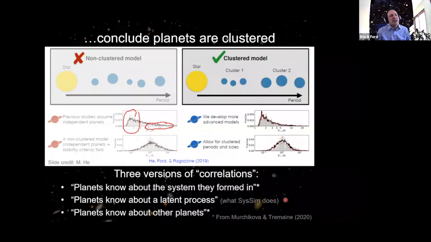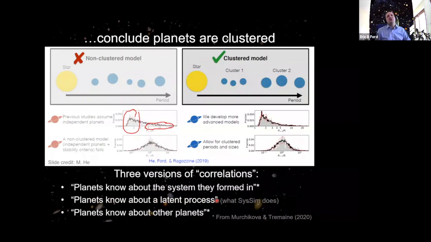In our case, the planets in every system know about a latent process that tells them they're in a cluster with a characteristic orbital period and size. What that's saying is that most of the time when Kepler sees a planetary system, it's only seeing planets from one cluster. They have very similar orbital periods and sizes, but every now and then it sees planets coming from 2 clusters that typically have more disparate periods and also sizes.